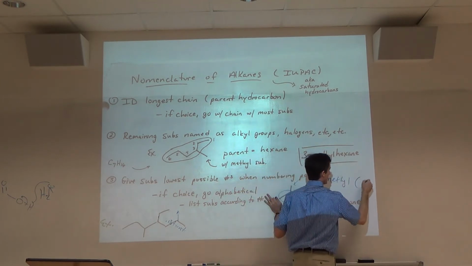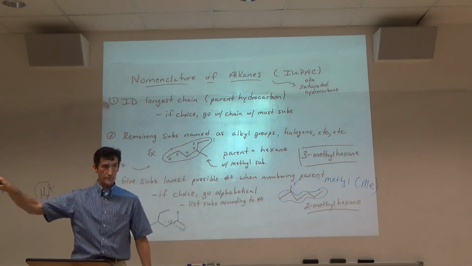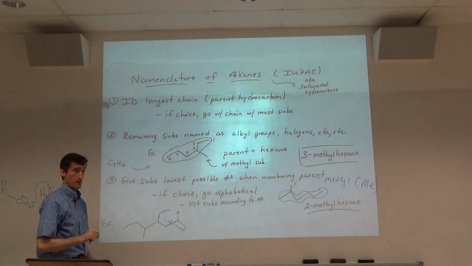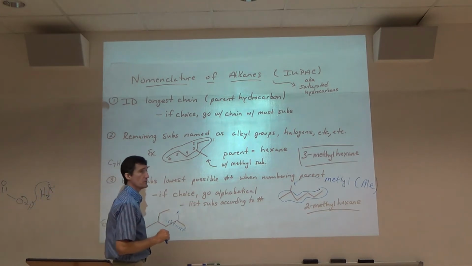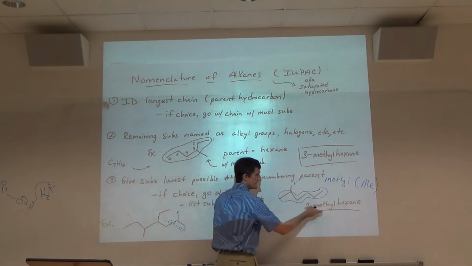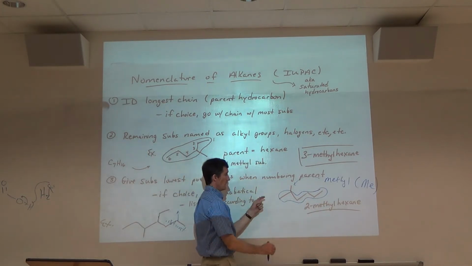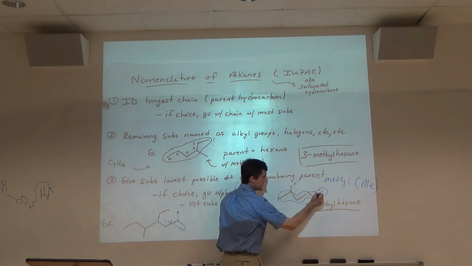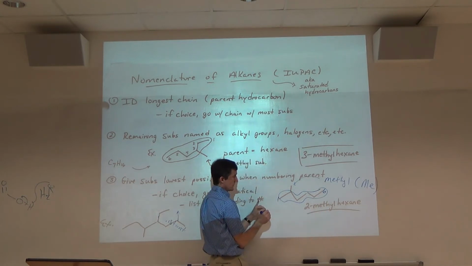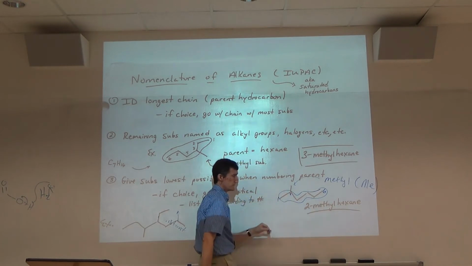I abbreviate my methyls as Me. You'll see an Me on something, okay? Some books don't do that. Many do, I do. So this is a hexane with a methyl on it. What position is the methyl at? Well, you can number your chain 1 to 6. And the methyl's at the 2 position, right? 2-methylhexane.